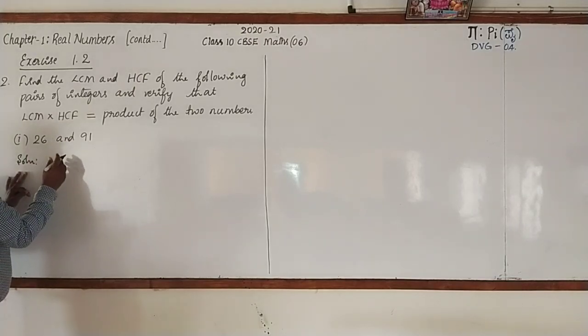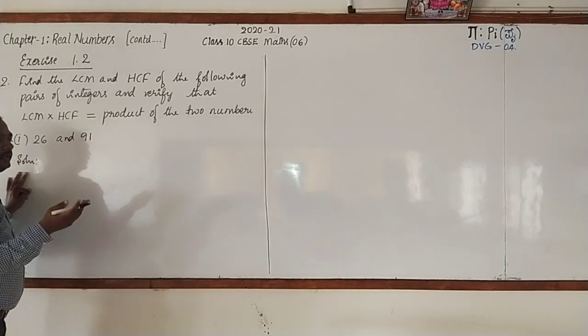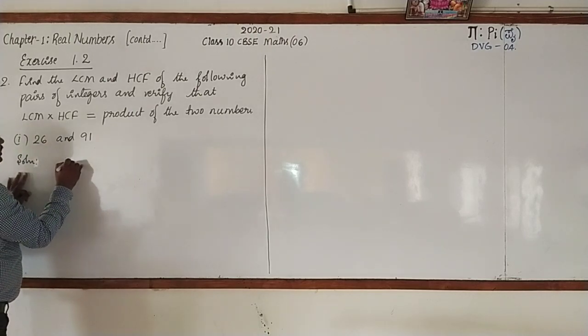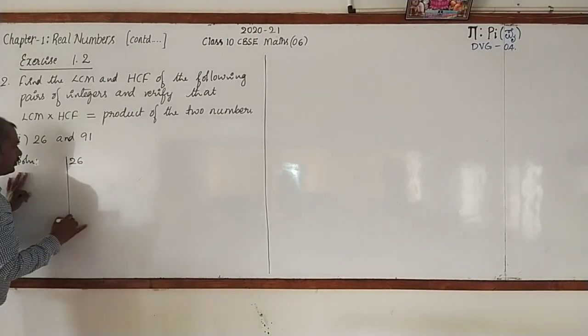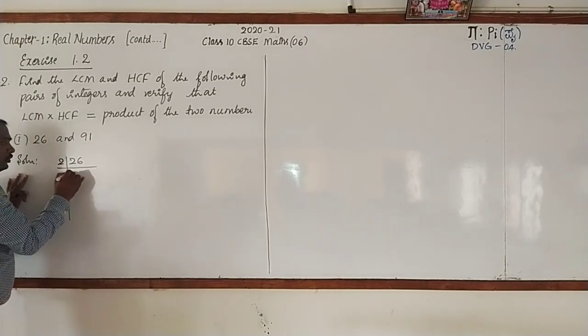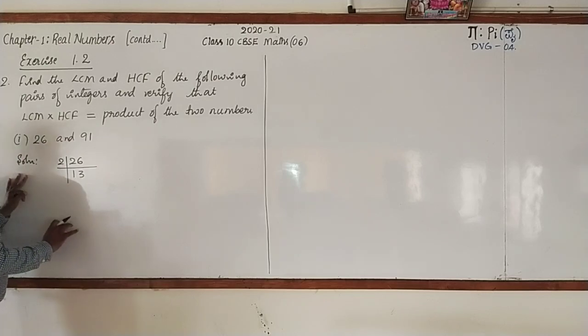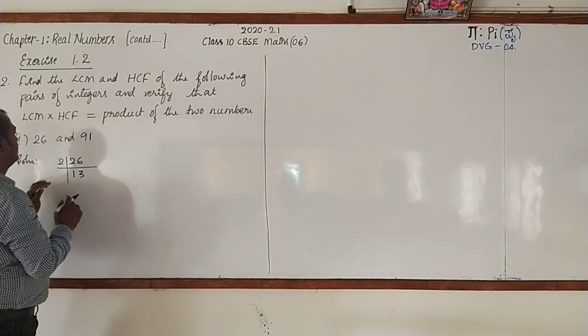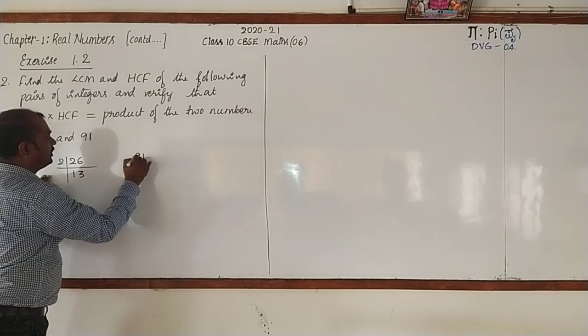Now 26. We have already learned how to find them by prime factorization. Here I'll write 26. It is an even number divisible by 2. 2 ones are 2, 2 13s are 26, right? 13 is a prime. You can just stop there itself. Next, 91 is there.